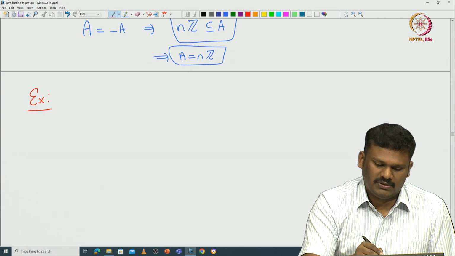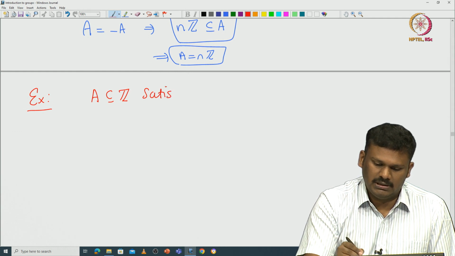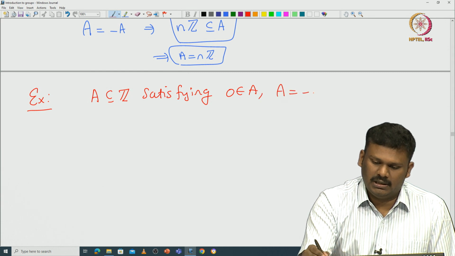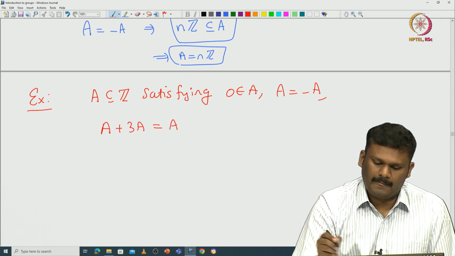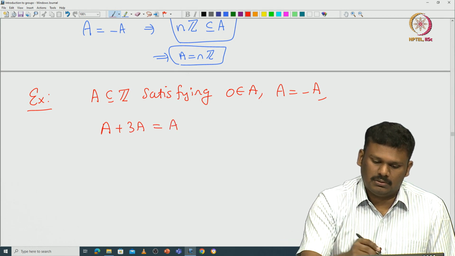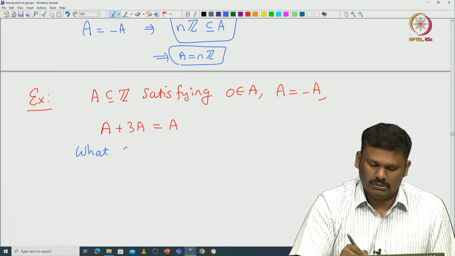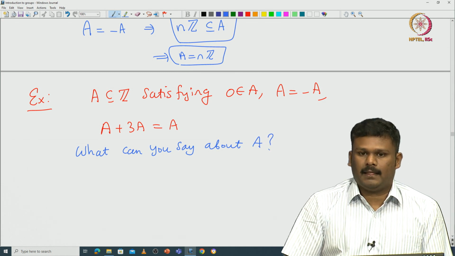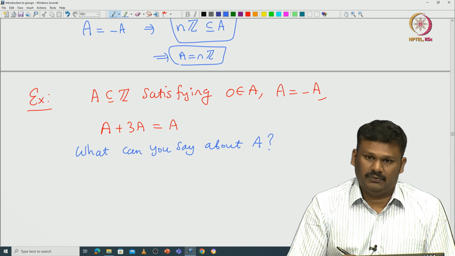You take some subset of integers again satisfying the following conditions. 0 is in A and it is symmetric. Now you assume that A plus 3A is equal to A. Okay. So, this condition is given. So, my question is, what can you say about capital A? Okay.